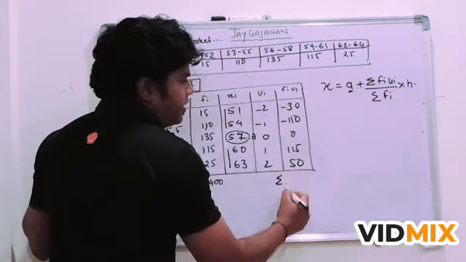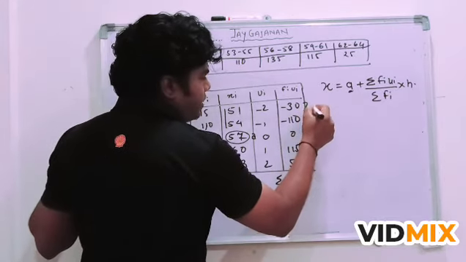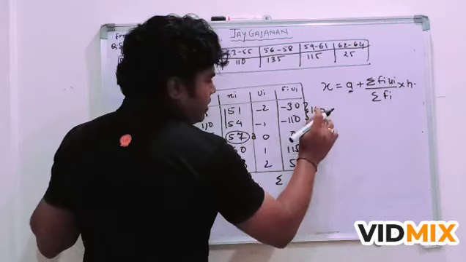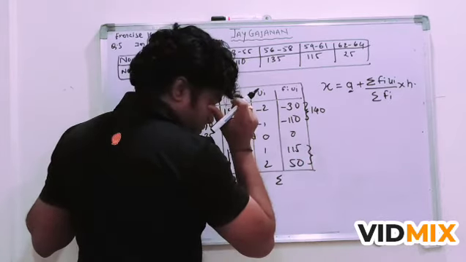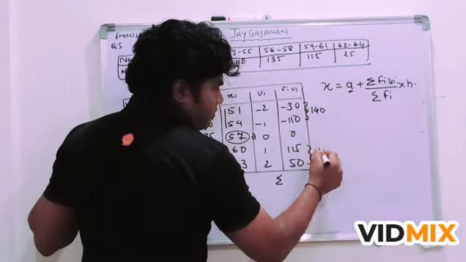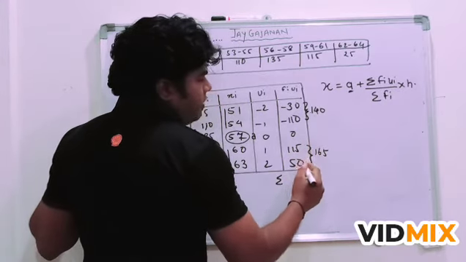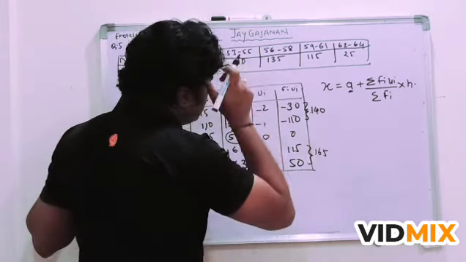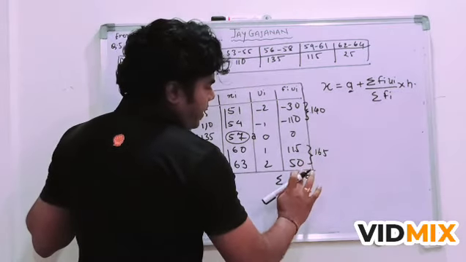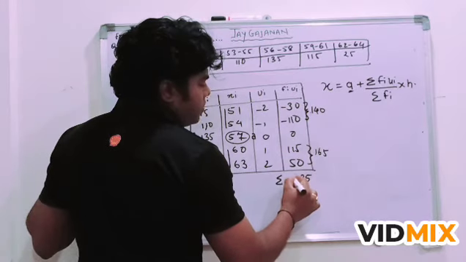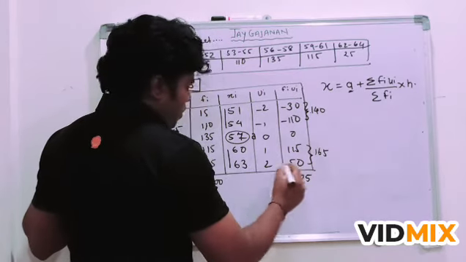Now the summation of it will be 140. Then 165 minus 140 plus 165 gives 25. So the summation is equal to 25.